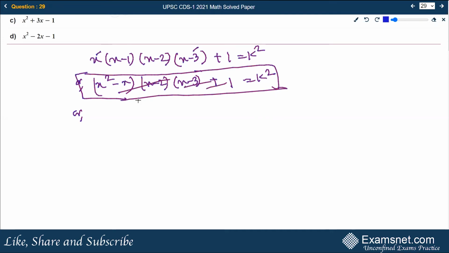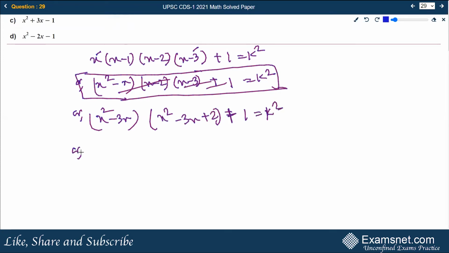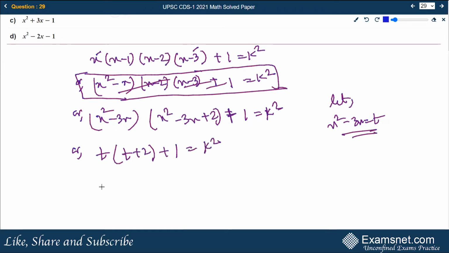Let's pair these two first: x minus 3, x squared minus 3x, and let's pair the other two, x squared minus 2x minus 6, that is minus 3x plus 2 plus 1 equals k square. Here let x squared minus 3x be assumed as t. So it becomes t plus 2 plus 1 equals k squared, right?